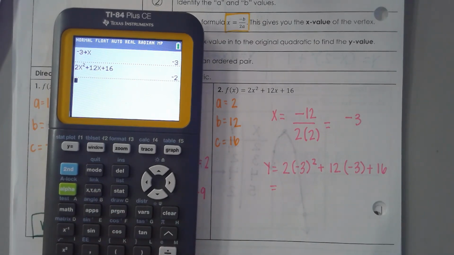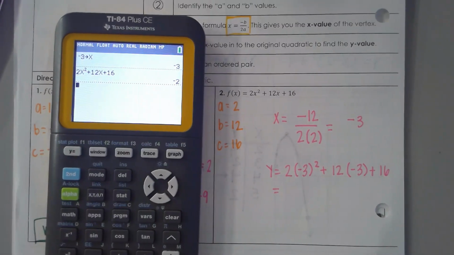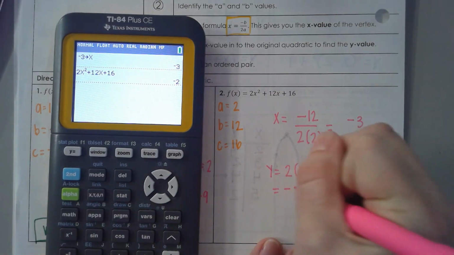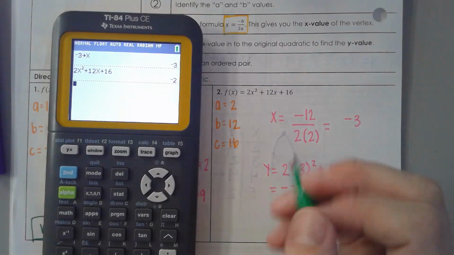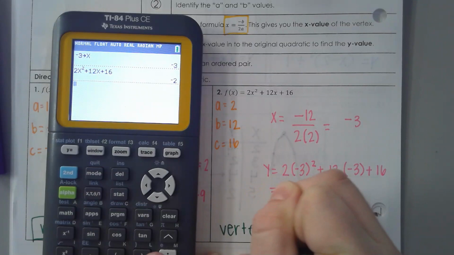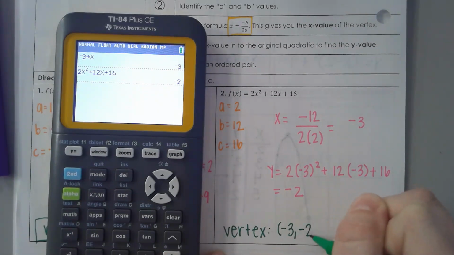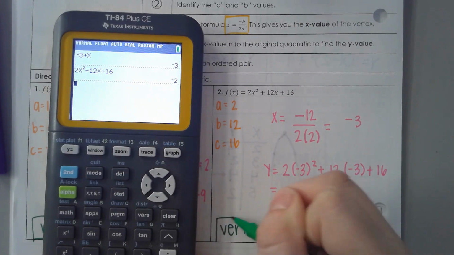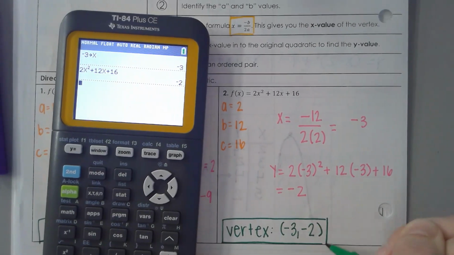I would recommend that, especially when you've got negatives involved. So you should get a vertex of (-3, -2).